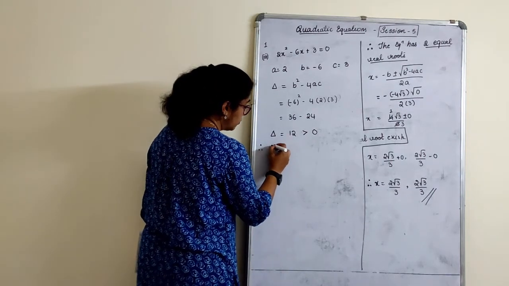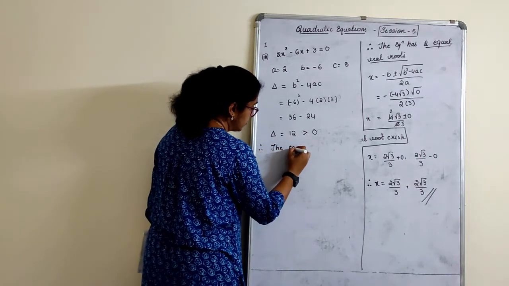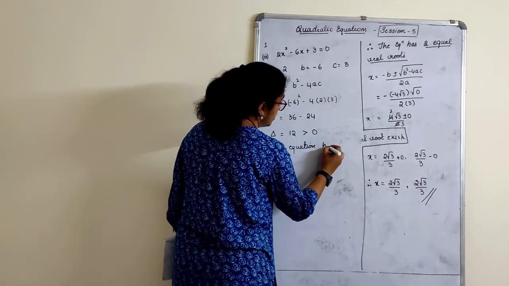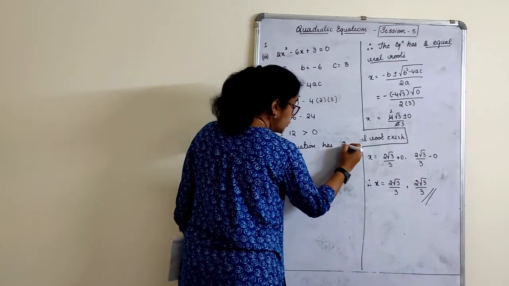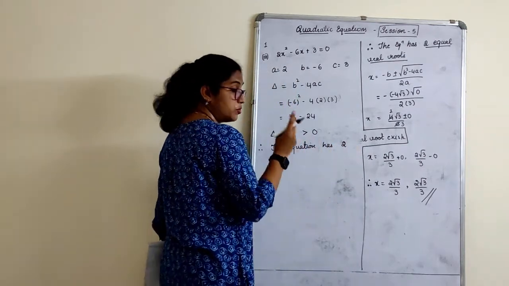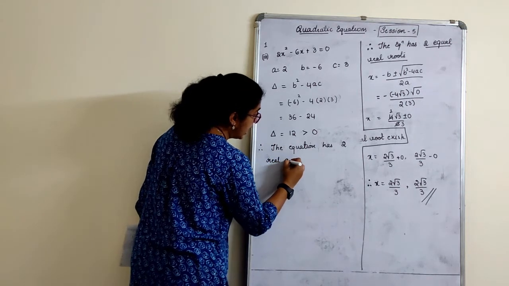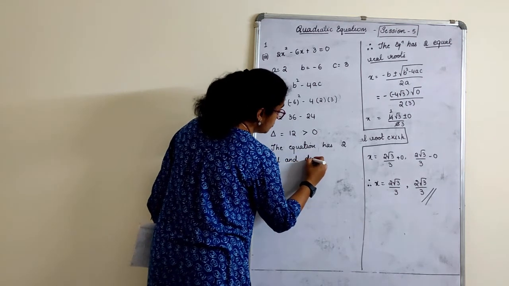Therefore, the equation has two, always, because two solutions, two roots it will have. Two real and distinct roots.